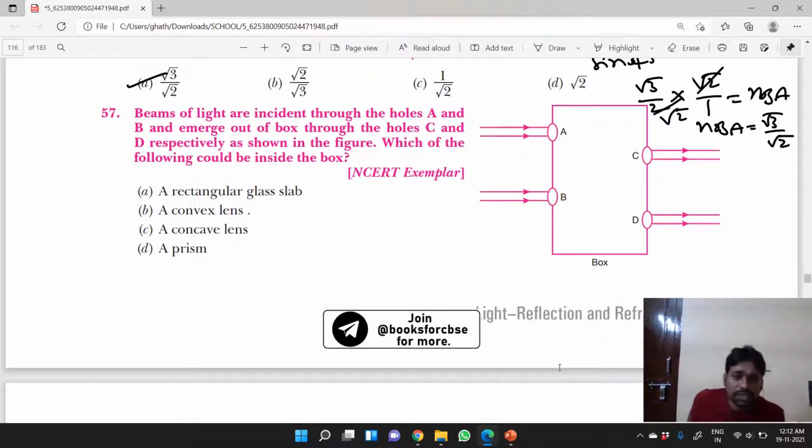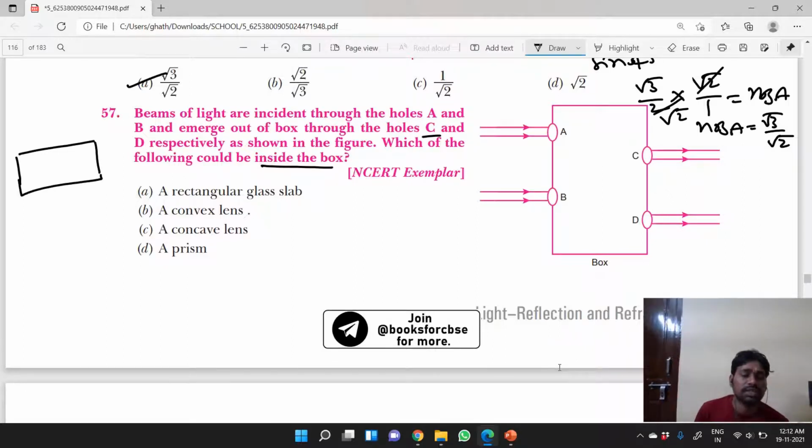By seeing question number 57 itself, we can say a beam of light incident through holes A and B emerges out of the box at C and D respectively, as shown in the figure. Which of the following is put inside the box? You are familiar with the concept called the glass slab.